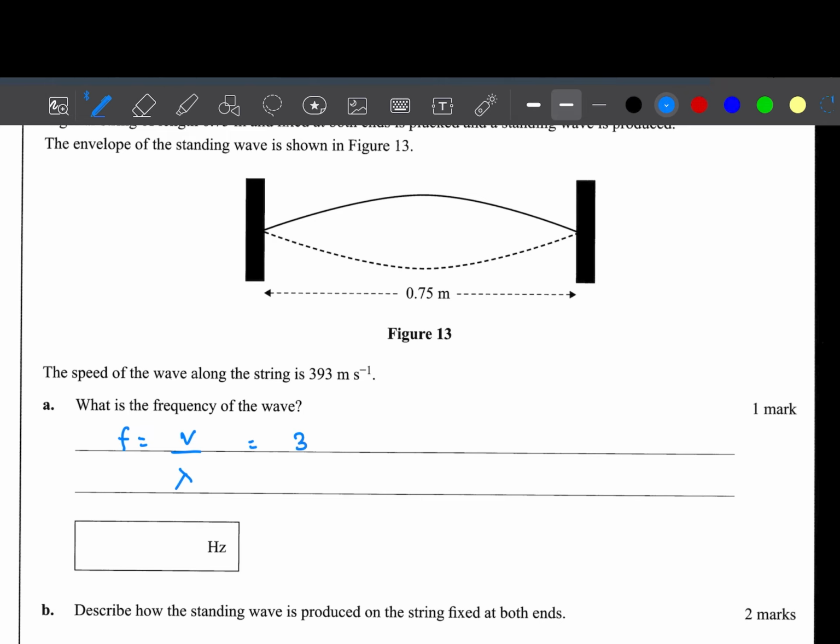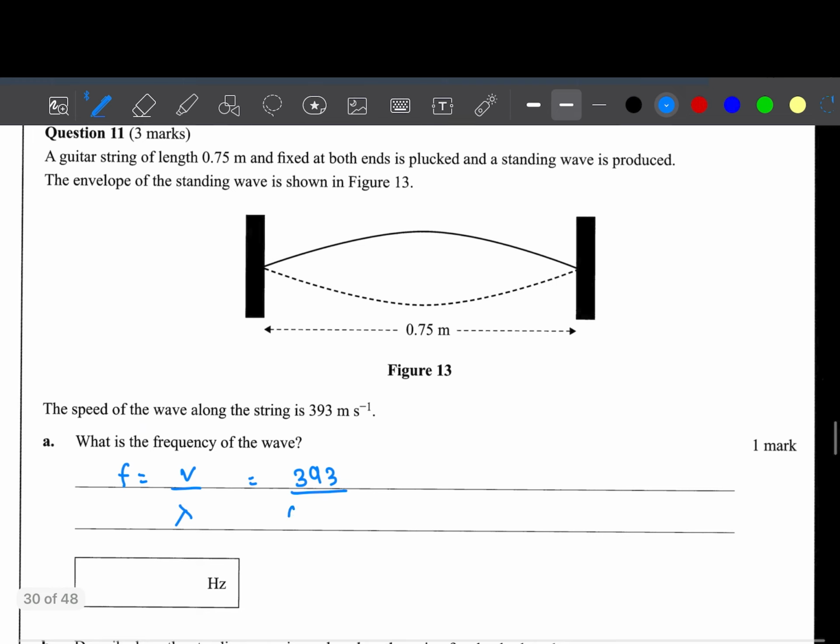So our velocity is given already, so 393 on wavelength, which is going to be 0.75. Wait, no, times it by 2 because this is just half the wavelength. Okay, 0.75 times 2. There we go. So let us divide that. 393 divided by 0.75 times 2. So we get 262 Hertz.